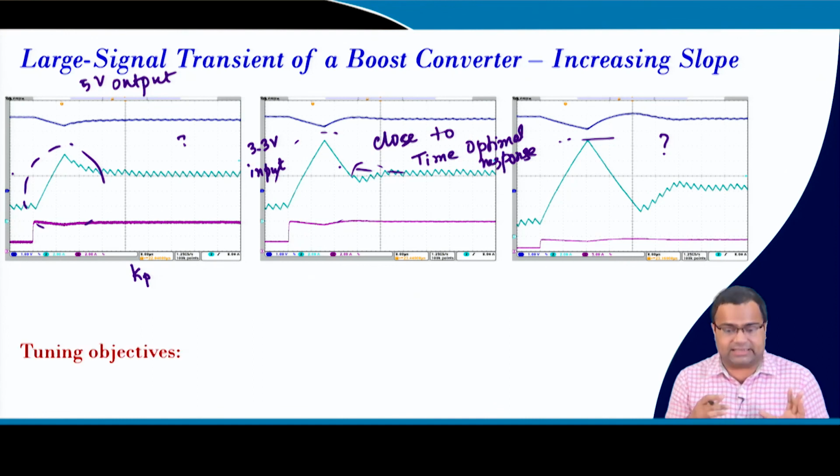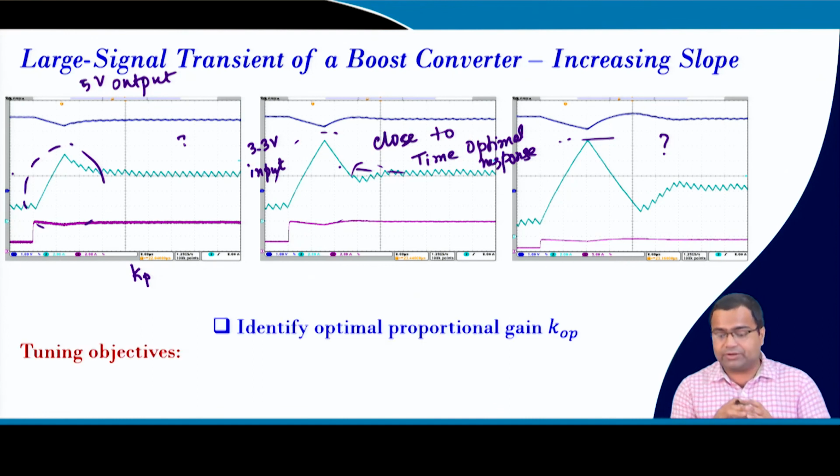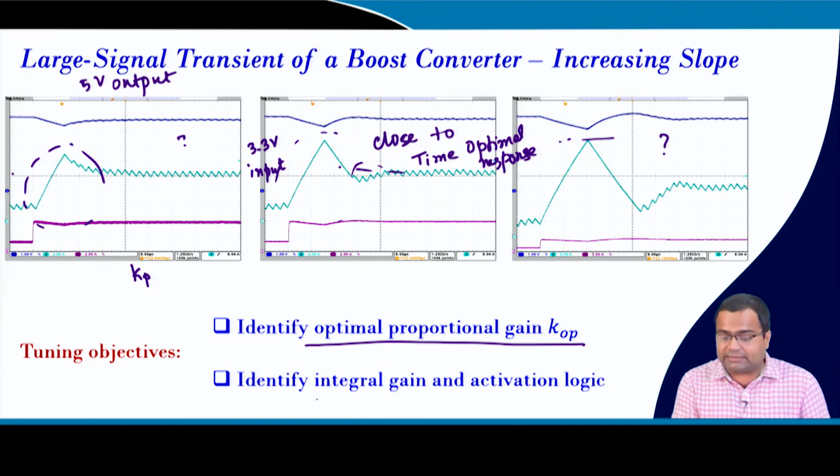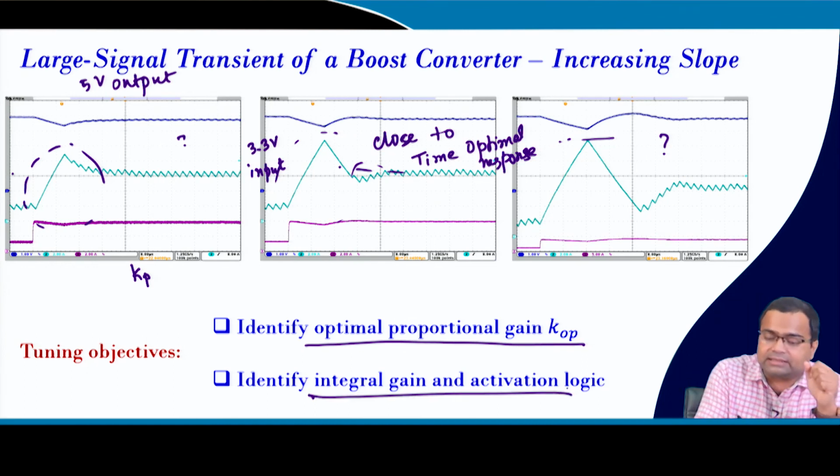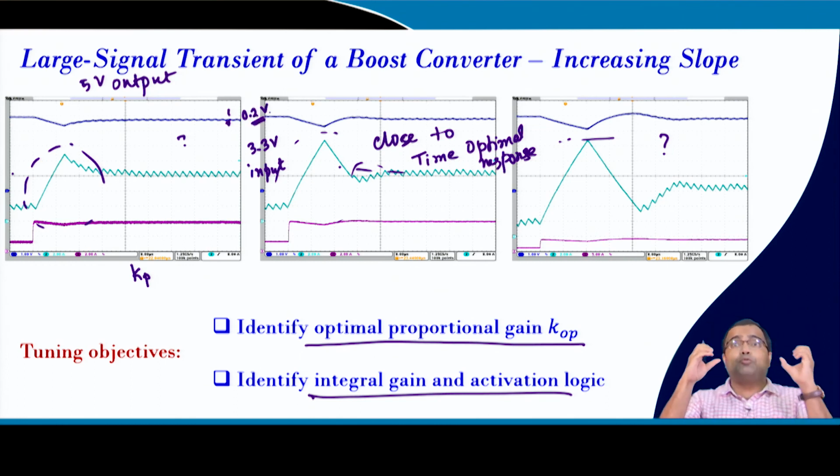So, the tuning objective is that we need to identify the optimal proportional gain, and we also need to identify the integral gain, because you see there is a small steady state error and this division is 1 volt. So, we are getting a steady state error of around 0.2 volt because we have simply considered proportional control, there is no integral control yet.